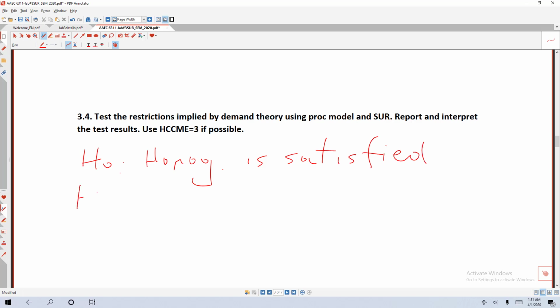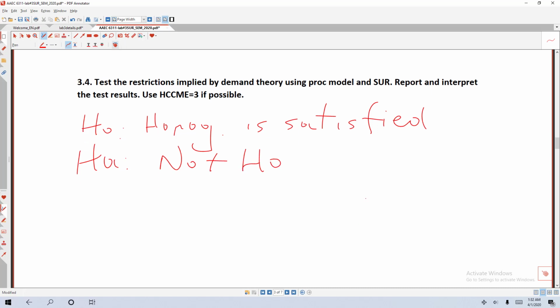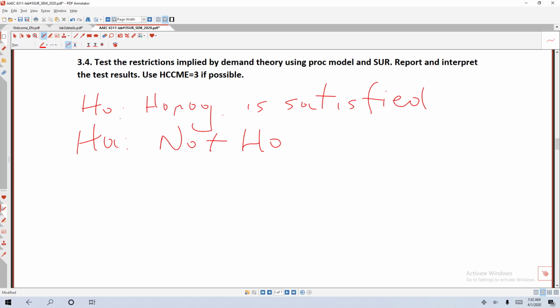And the alternative is, of course, not the null hypothesis. So that's the first one. And we're testing them separately. So the other restriction is that symmetry is satisfied.